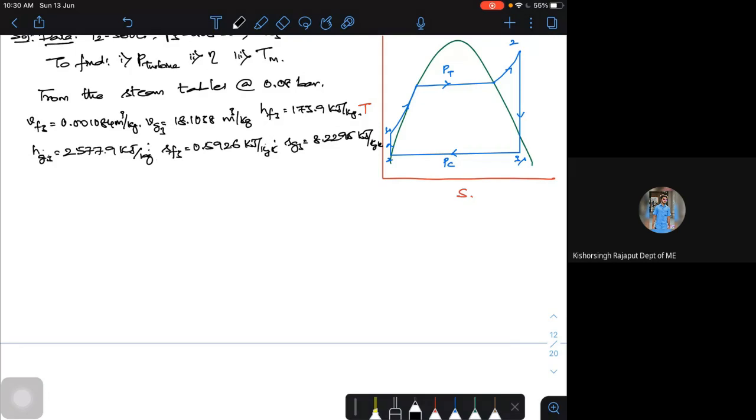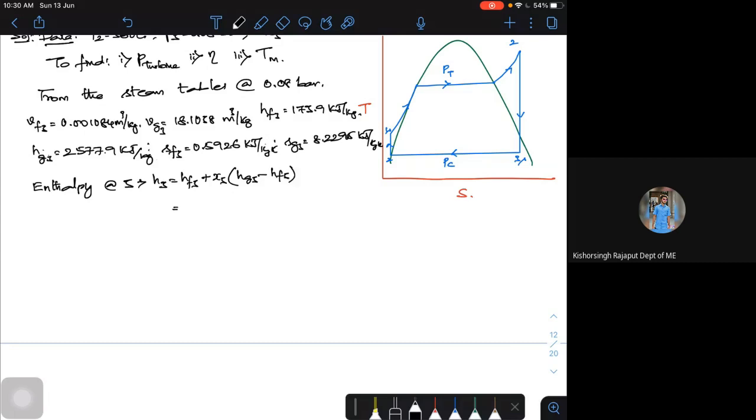Enthalpy at 3: H3 is equal to HF3 plus X3 into HG3 minus HF3.